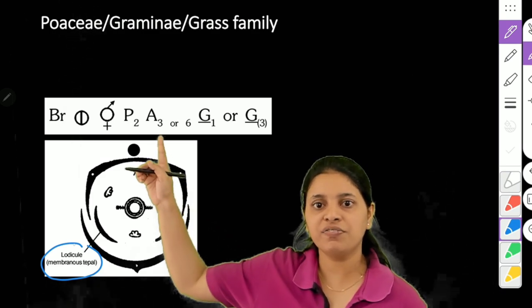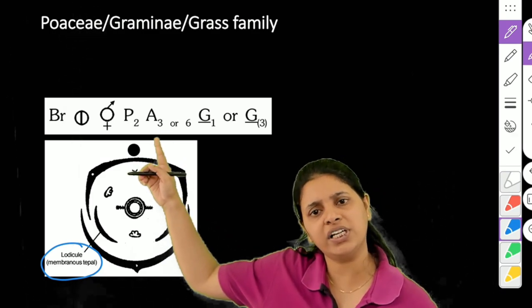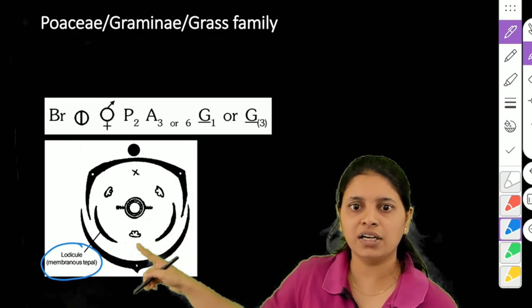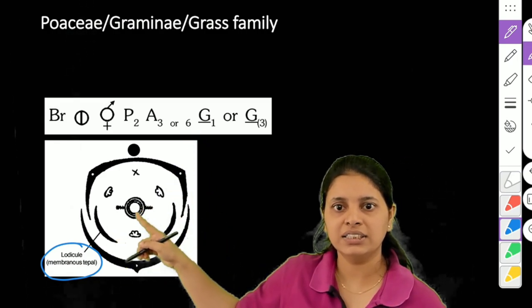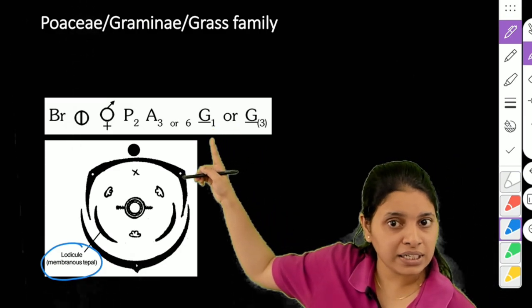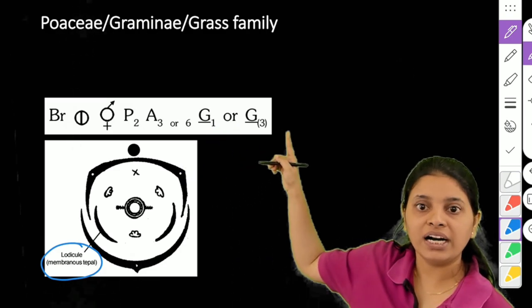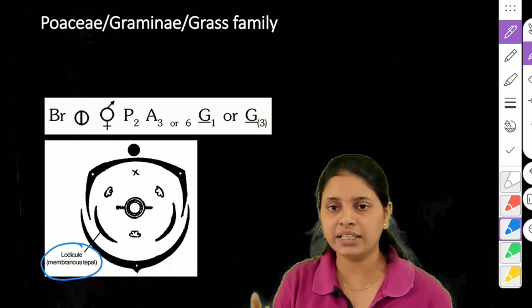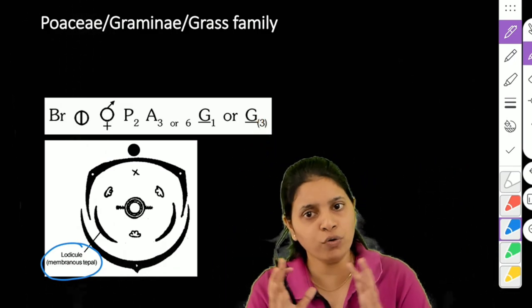Okay. Next, we have androecium. So typically we have 3 stamens, or we can have in its multiple like 6. You can see here 1, 2, 3, right? And in the center we have gynoecium, either monocarpellary, that is G1, or tricarpellary, that is G3. If it is tricarpellary, then we will have fused carpels.